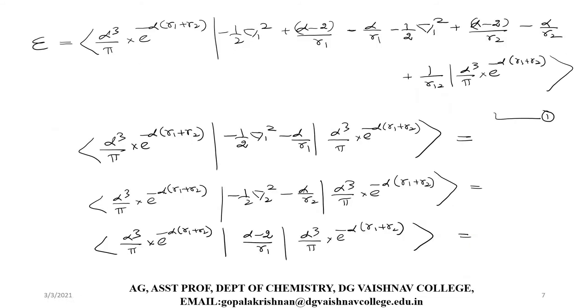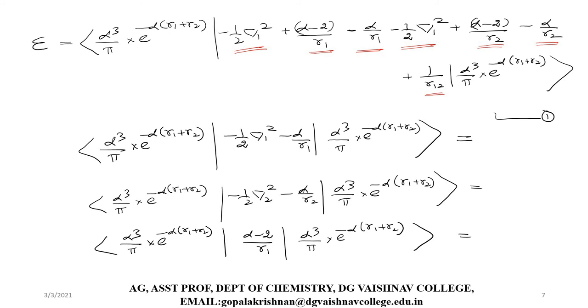See here: this is the kinetic energy of electron 1, with the alpha minus 2 by r1 term, then minus alpha by r1, then the kinetic energy of electron 2 with alpha minus 2 by r2, then minus alpha by r2, then the electron repulsion term, then the trial wave function.